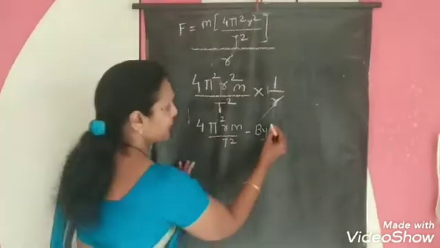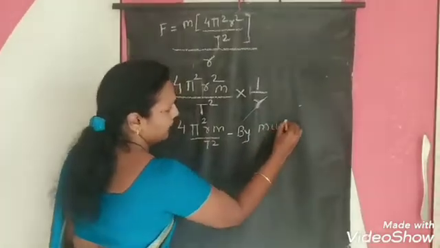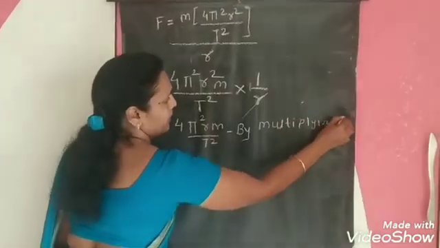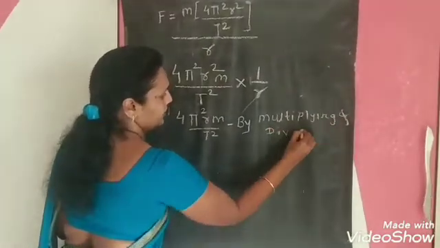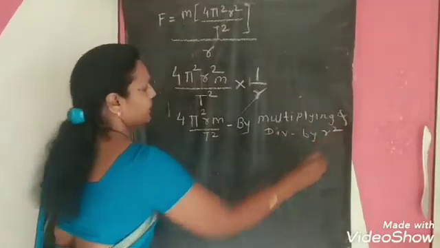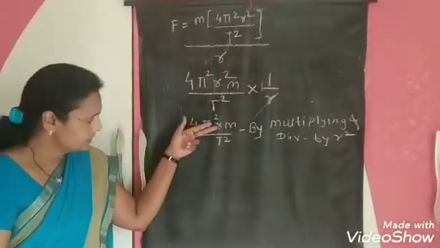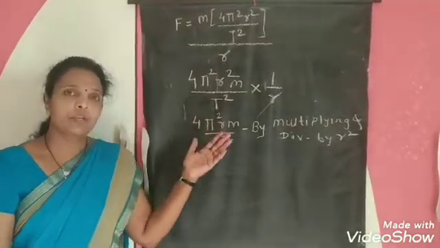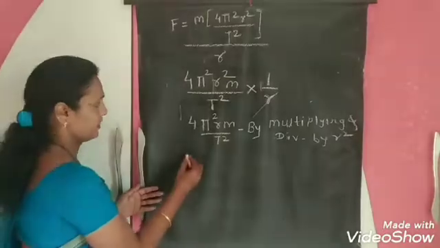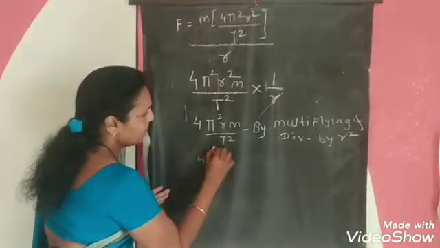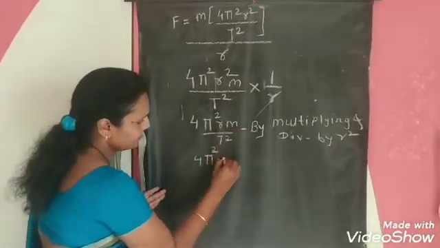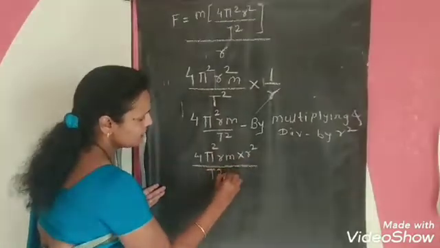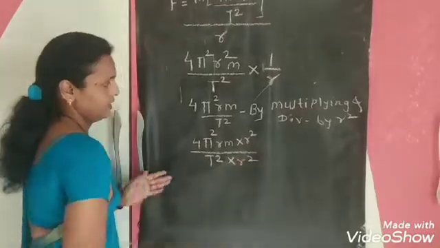Now, by multiplying and dividing by r square, denominator as well as numerator, which formula will we get? See, 4 pi square r m into r square divided by t square into r square.